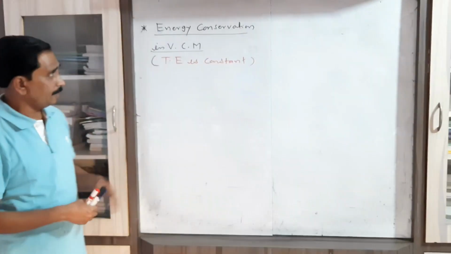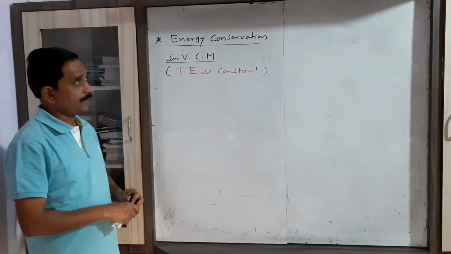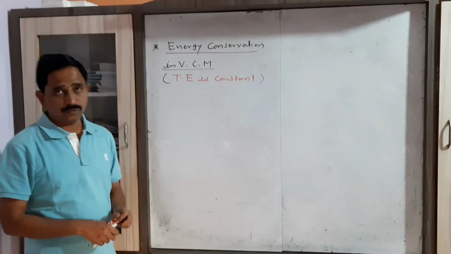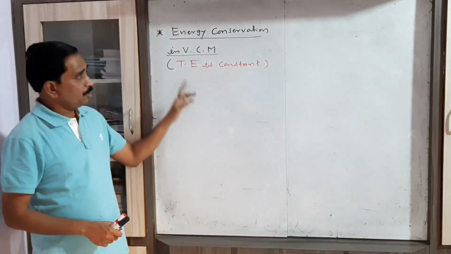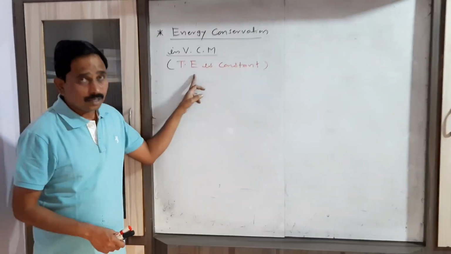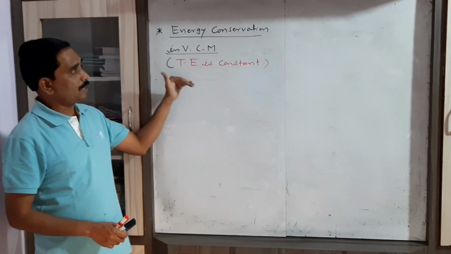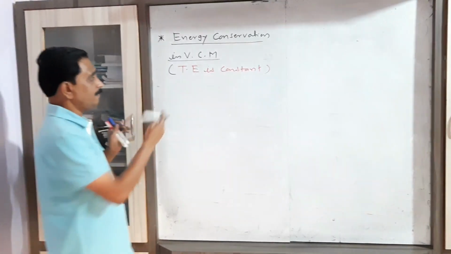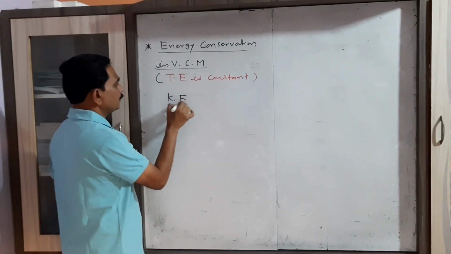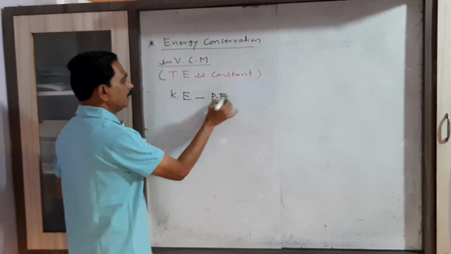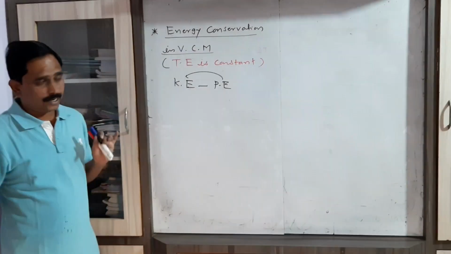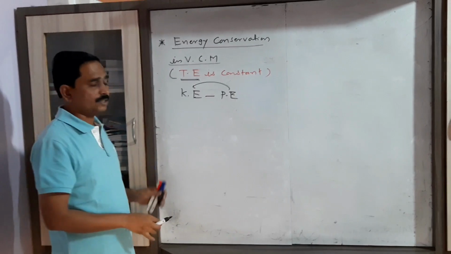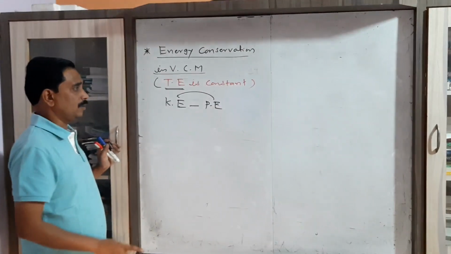Now consider the next topic, that is the energy conservation in vertical circular motion. Here we have to show that total energy is constant in vertical circular motion, though there is an interconversion of kinetic energy to potential energy and potential energy to kinetic energy, but the total energy in vertical circular motion remains constant.